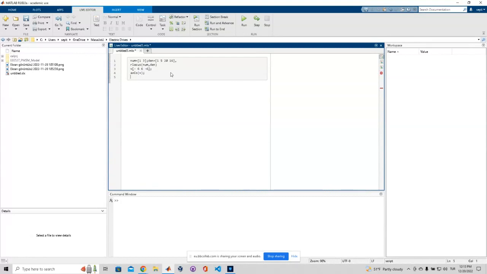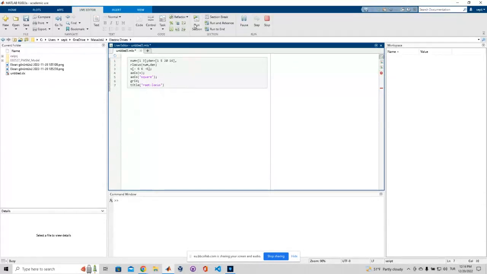And then you define your axis. It will be square. You want our graph to be square. And then you can add your grid and your title. Say root locus.